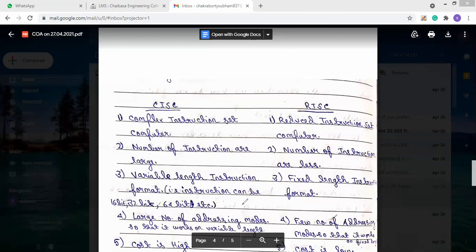Now CISC, because a large number of addressing modes is required, the cost also becomes high. But in case of RISC, a large number of addressing modes is not required, and complex hardware is not required.